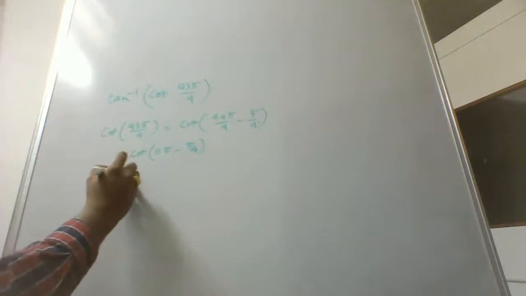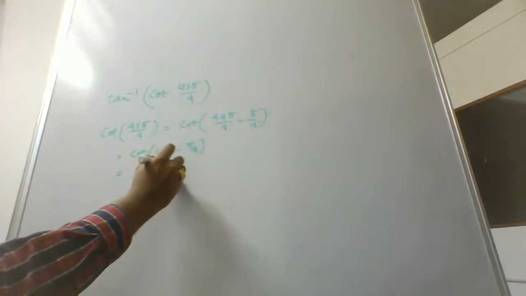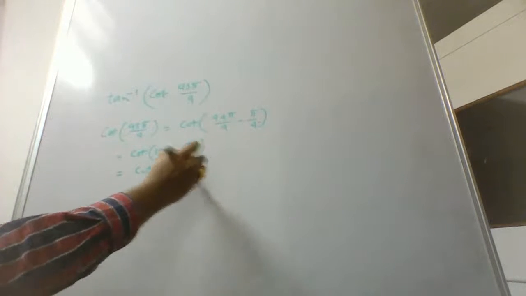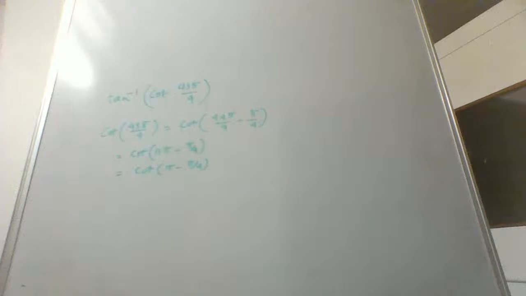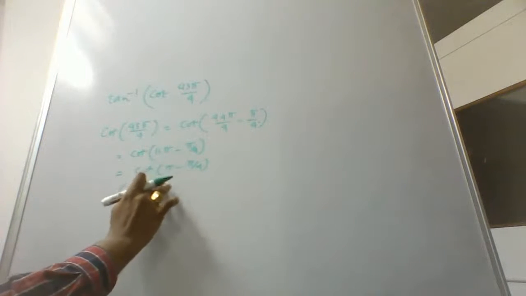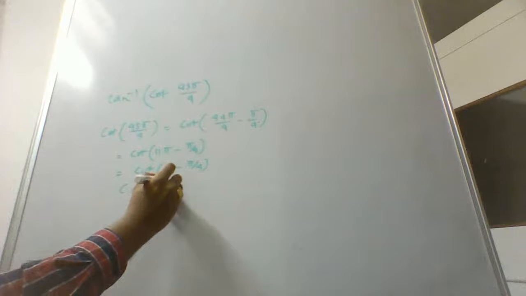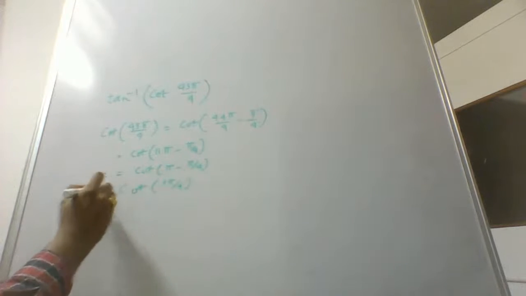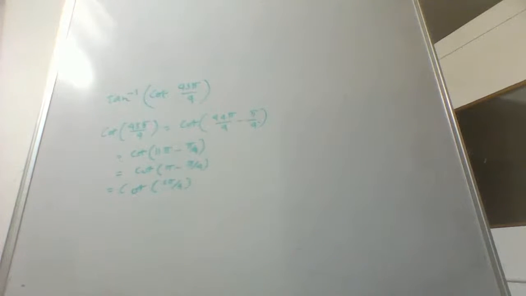Also, this can be written as cot of pi minus pi by 4. And then we get cot of 3 pi by 4.